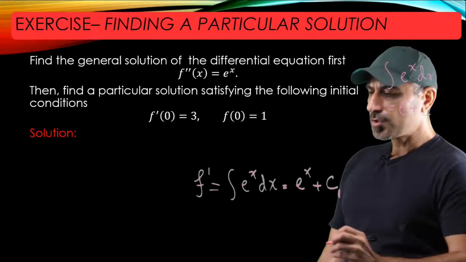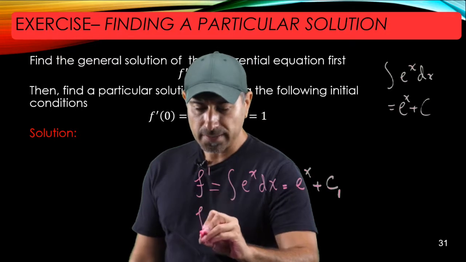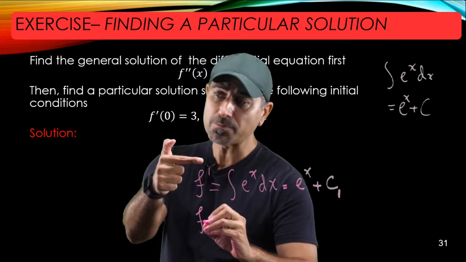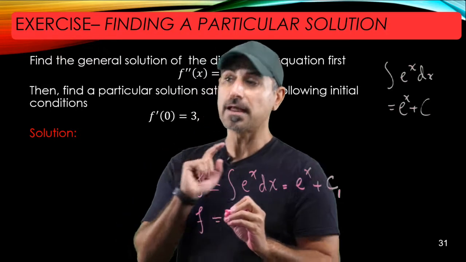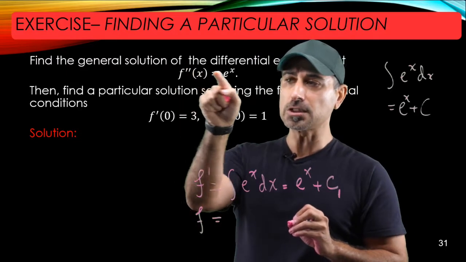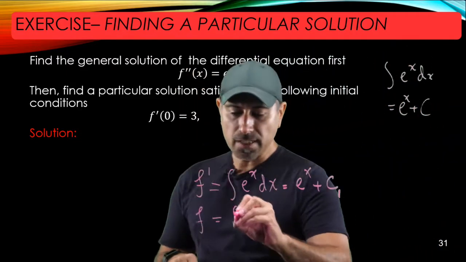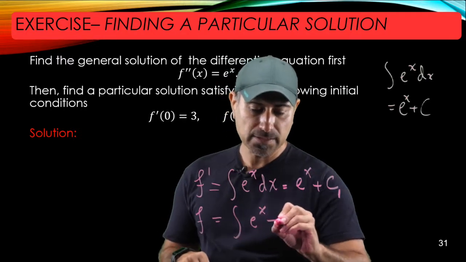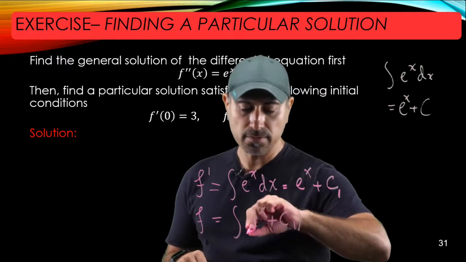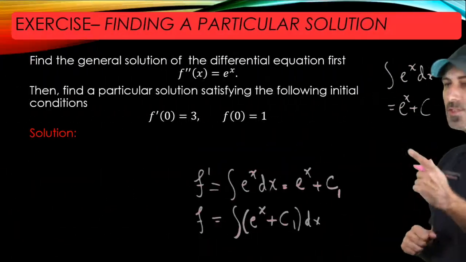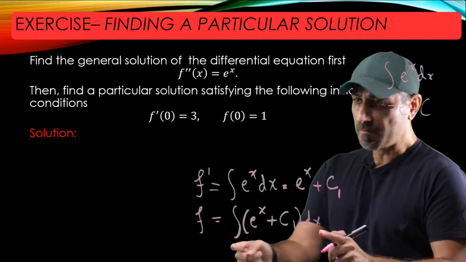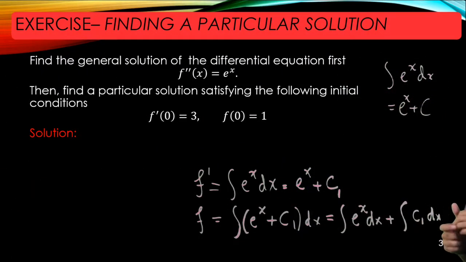antidifferentiation process. So our next step is to find the antiderivative of f prime, which is going to be f, and that's exactly what I'm looking for as the solution of this differential equation. All right, so now I'm integrating e to the x plus c1 dx. I can use the sum formula for integration. And here we go.